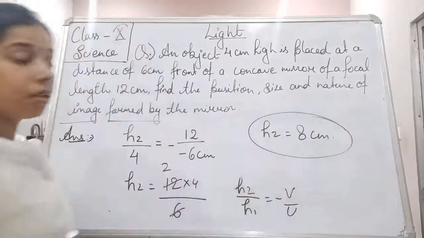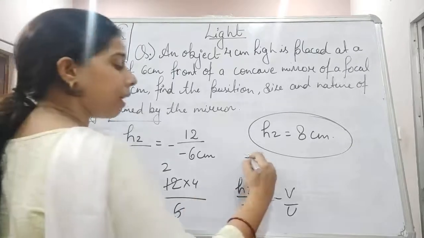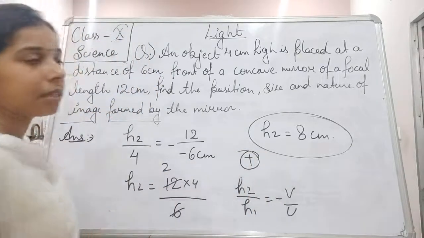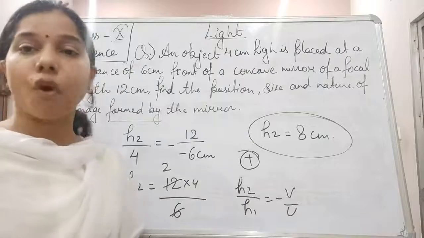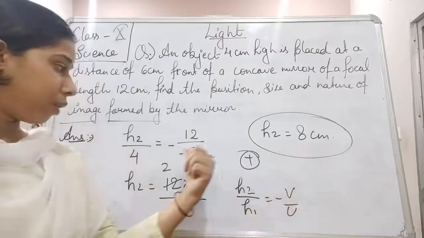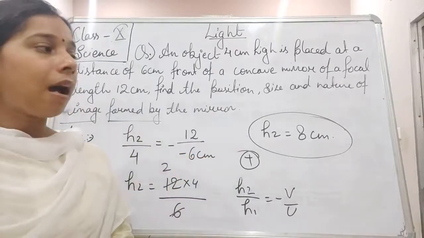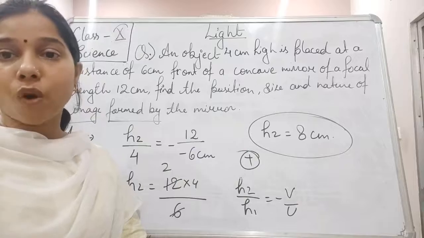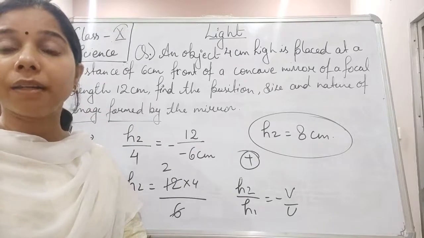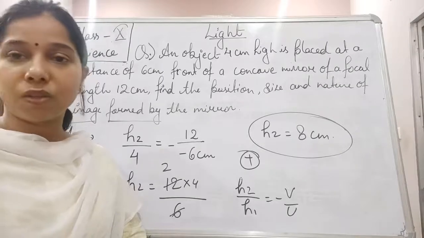This is, student, the size of the image. So this plus sign is actually representing that the image which is formed here is larger in size, because the size is larger as compared to the object size, which is 4, just double that. And the image which is formed is in plus, which proves that this is a virtual and erect image.